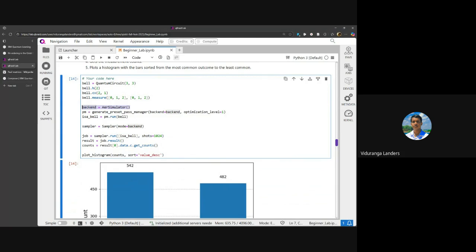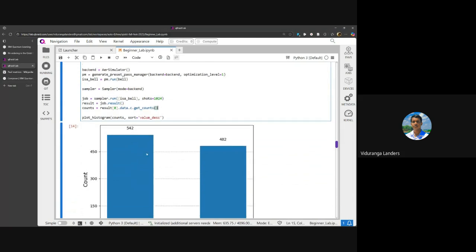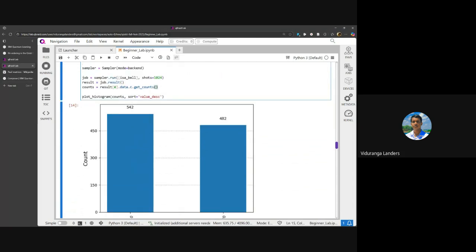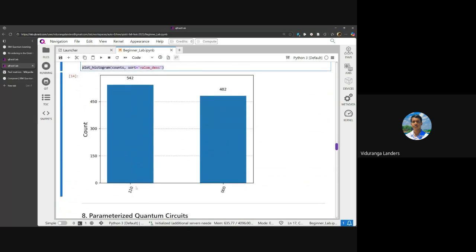But if you are using a real hardware backend, you are only going to get a job ID, and using that job ID, you have to get the results and then do whatever analysis that you are doing. So this is a basic analysis of plotting the histogram of whatever values you are getting as output.